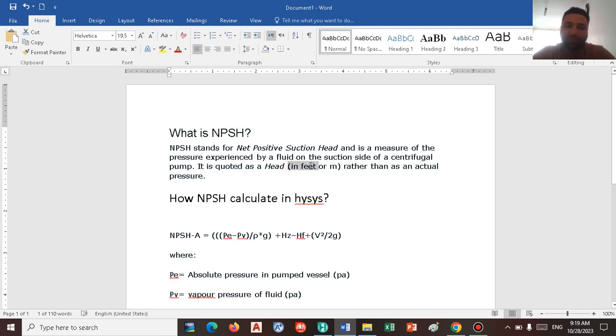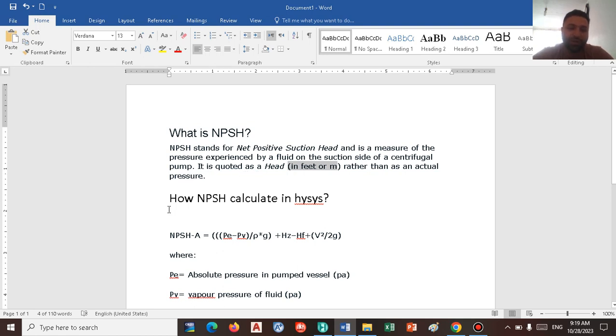The first one is in meters or in feet, and the second one is in pressure, in psi or kilopascal or other units. But feet or meters are easier for us, because our mind can recognize meters or feet more easily in comparison to pressure.